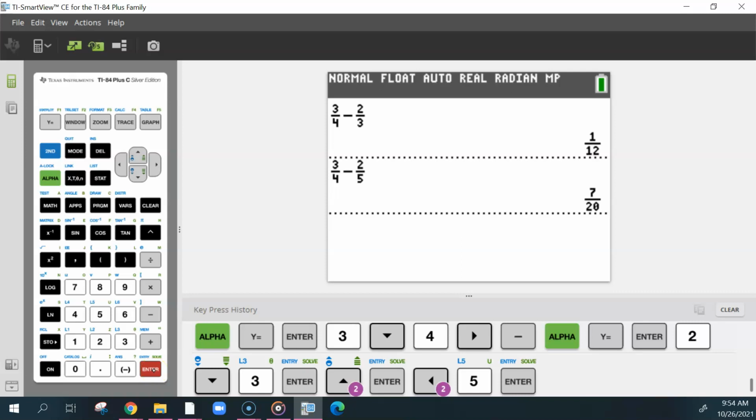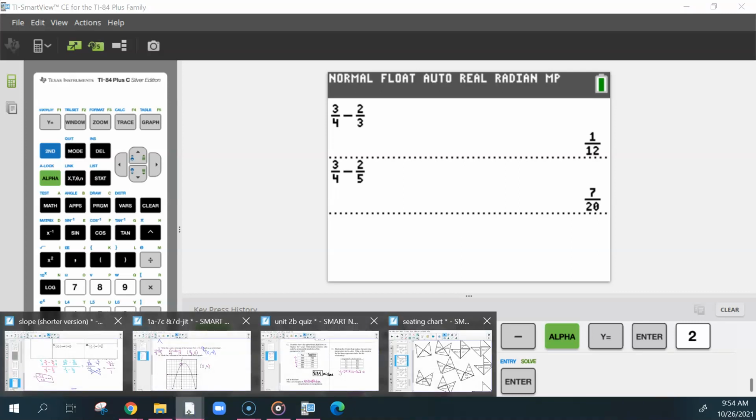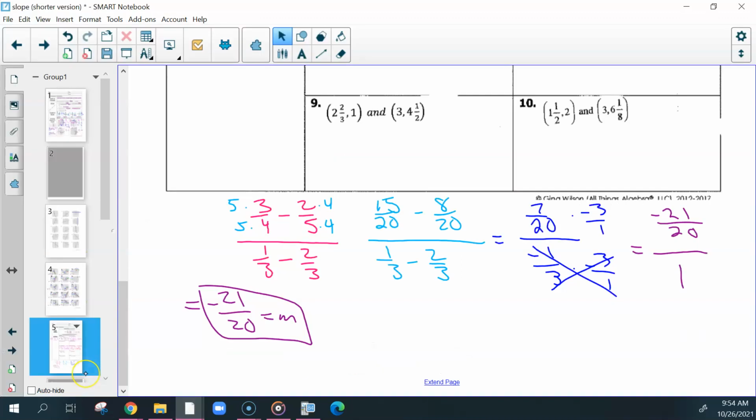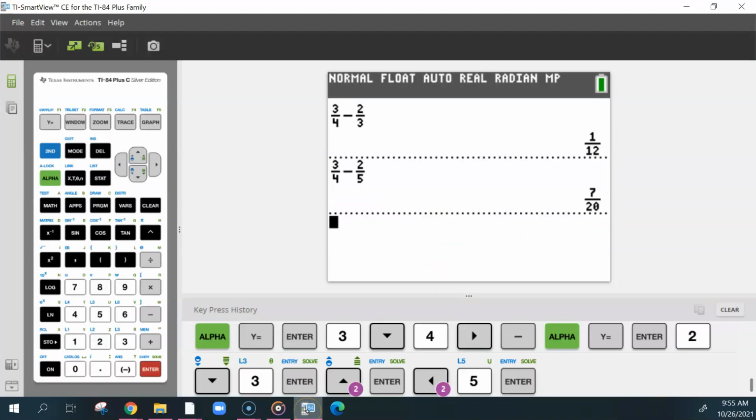So you could have done that part in your calculator. You could have done this part in your calculator too, or still done that by hand, but I'll put this part in our calculator just so we have it. 1/3 minus 2/3.